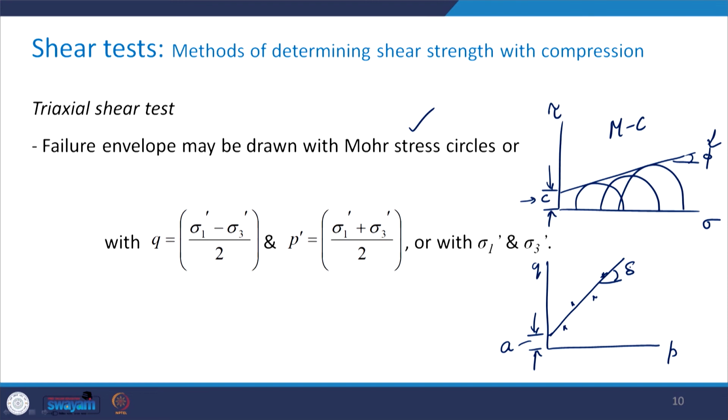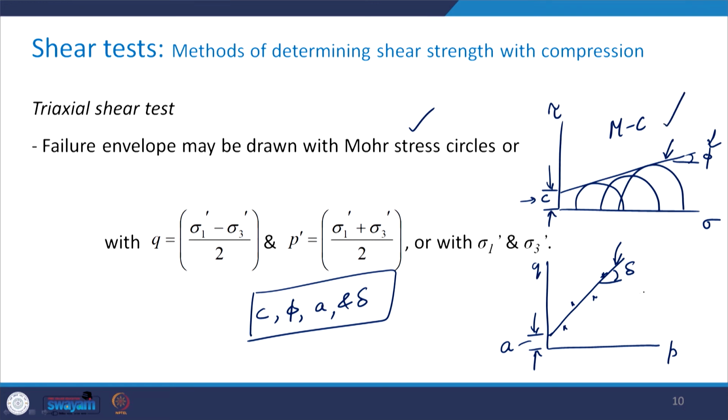Now, if you compare the equation of the Mohr Coulomb failure envelope with the equation here, you will establish a relationship between C, phi, A and delta. So, either you can represent your test result in this form, or using the stress path method or PQ plot, you can find out C and phi, which are the shear strength parameters for the rock.